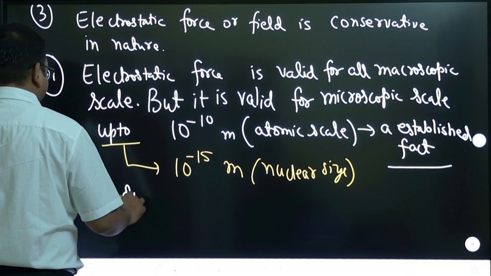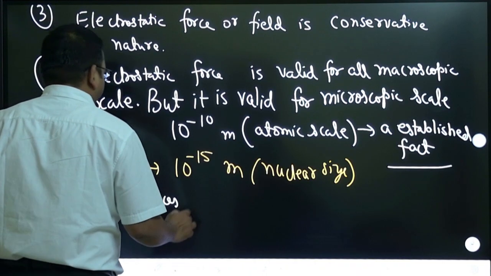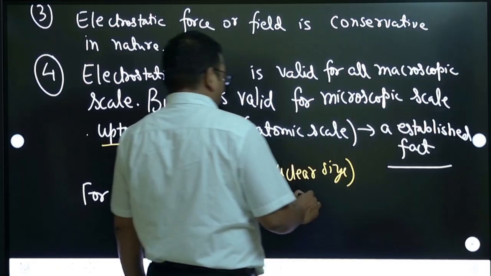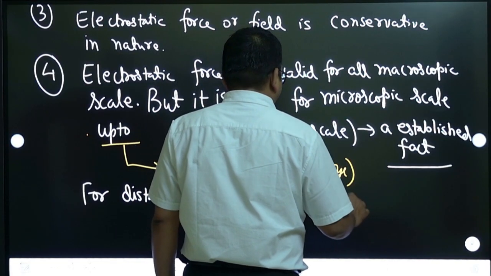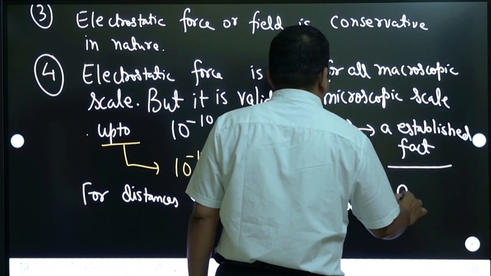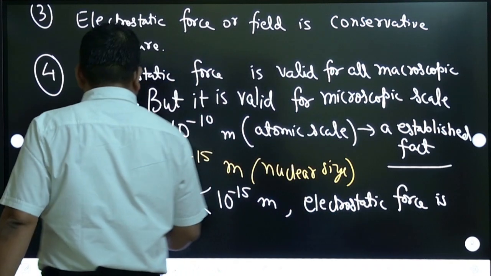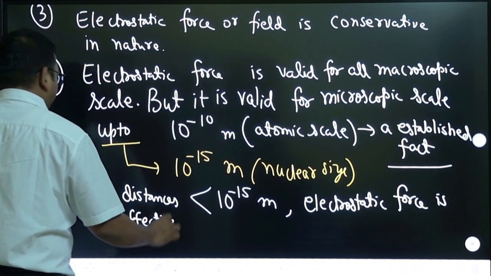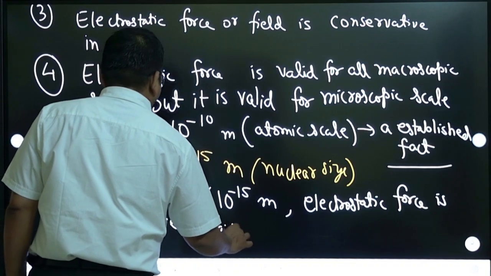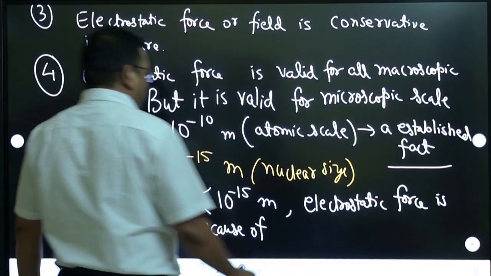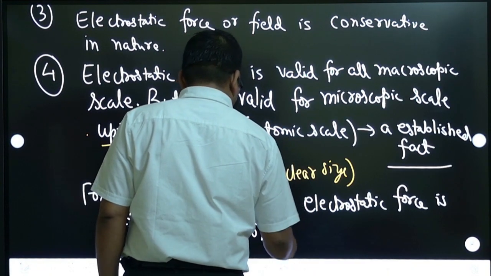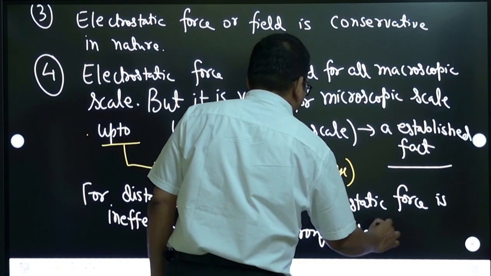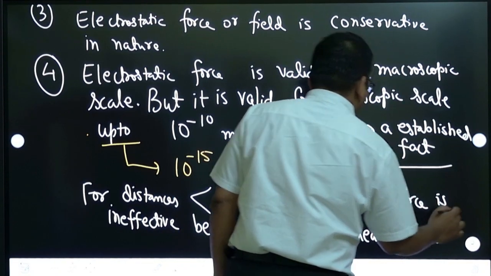For distances lesser than 10 to the power minus 15 meter, electrostatic force is ineffective because of strong nuclear force.